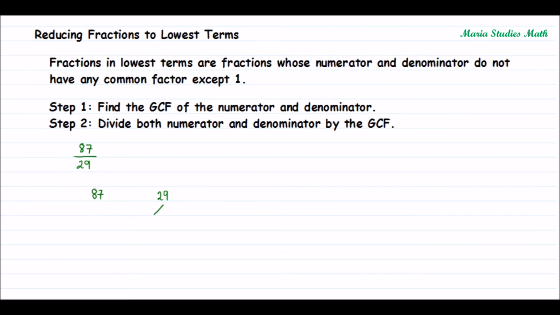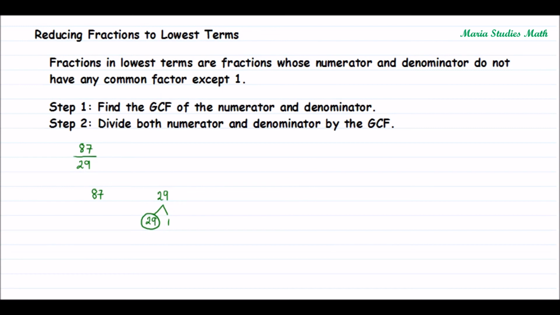29 can be factored as 29 and 1. Since it only has factors of 1 and itself, 29 is already a prime number. So you don't need to factor it anymore. You can just encircle the 29 there.